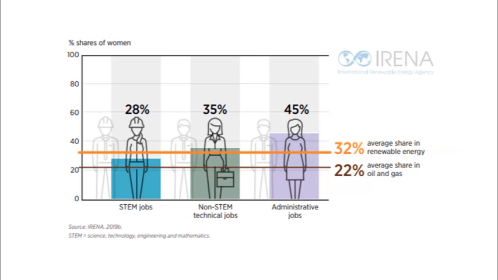Firstly, I want to focus on the average share of women in the conventional sector, which means oil and gas sector, and it is only 22%, and the average share of women in the unconventional sector, which is the renewable energy sector, is 32%. Unfortunately, STEM has the lowest score.